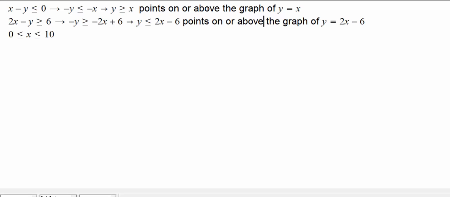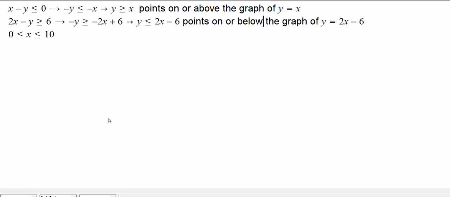So this would be on or below, and the reason we are saying on or below is because this is less than or equal to. And all these points whose x coordinates are between 0 and 10 inclusive would be the points between the graph of x equals 0, which of course is the y-axis, and that of the vertical line x equals 10.